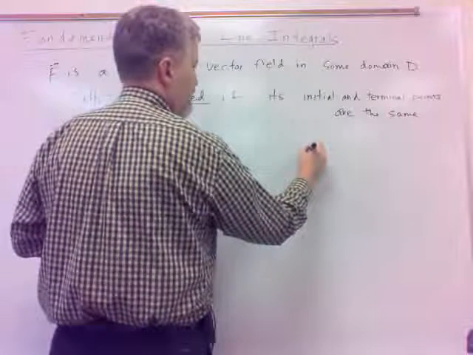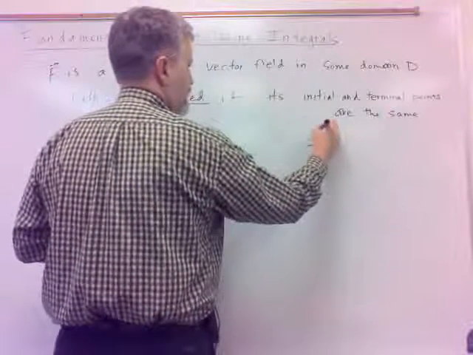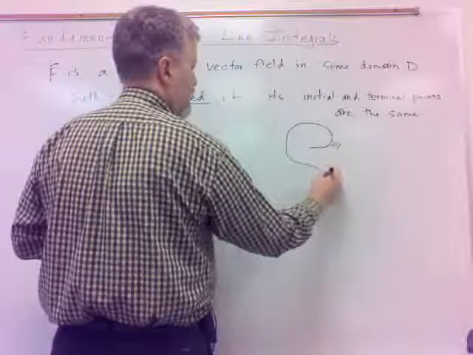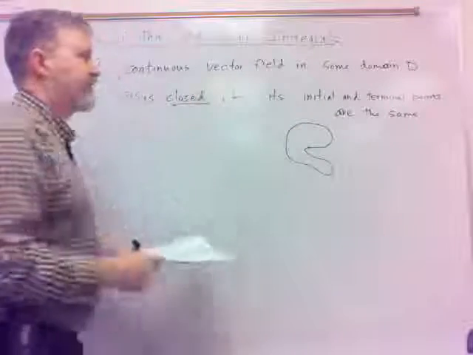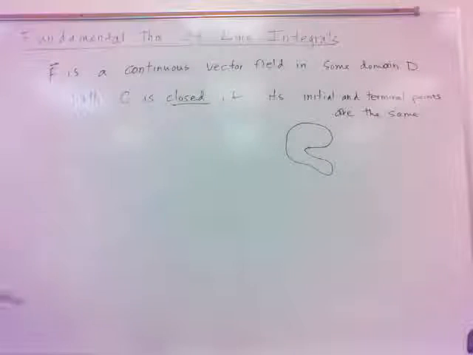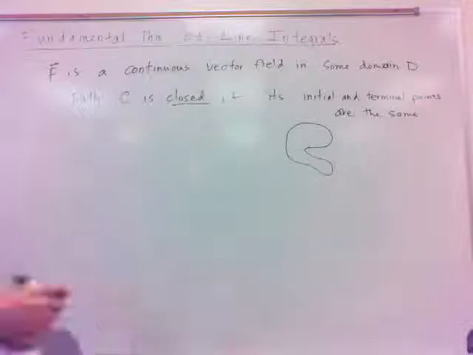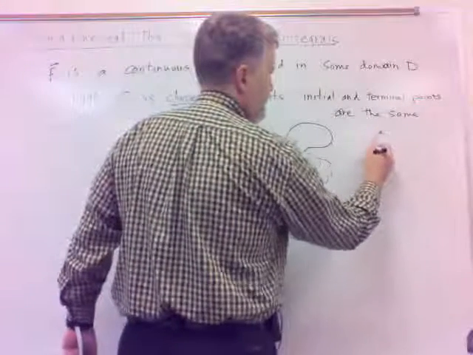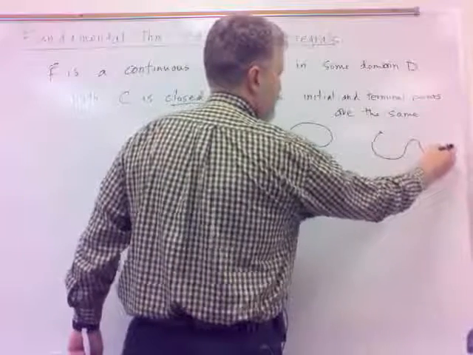So you start here and then go around wherever you want to go, but as long as you wind up where you started, that's called closed. If you start somewhere and then finish somewhere else, that's not closed.